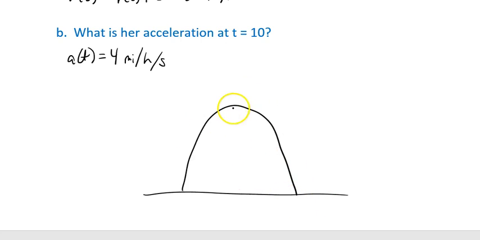When an object is at the top of its arc, the velocity is 0, and that makes sense. If velocity is our derivative, we know that the derivative, the slope of the tangent line, at the top of a parabola is 0.